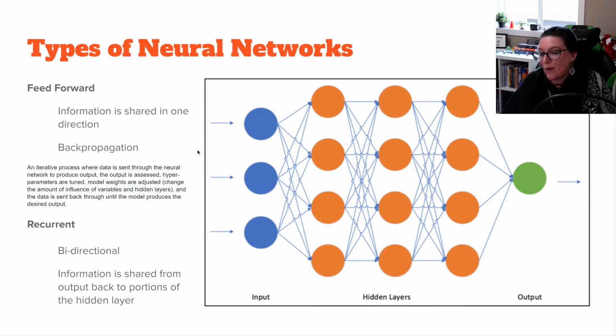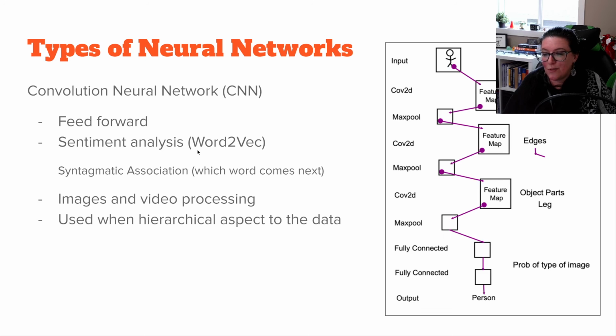All right, so when we do our convolution neural network, we use this for things like sentiment analysis, where we are looking at which word comes next, so syntagmatic association, and we talked before about word2vec as one of those. We also use CNN for images and video processing, like identifying that picture of a dog.